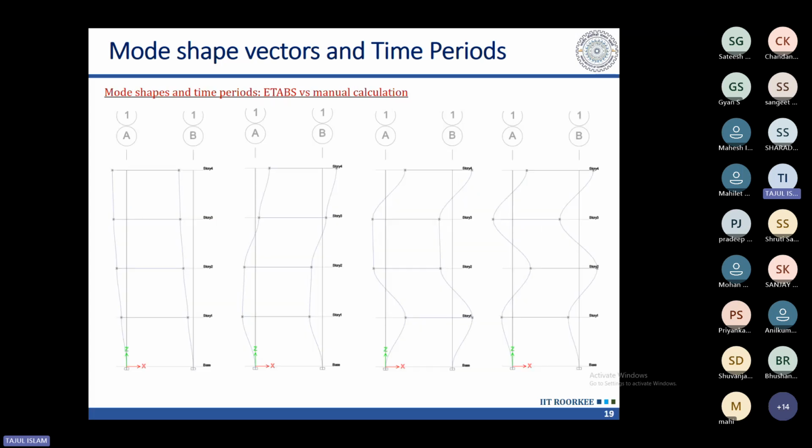So this is what we had up to now for the mode shapes and time period. And these are some deflected shapes obtained from the ETABS software for the model we have shown. So this is the first mode deformation, second mode deformation, third mode deformation, and fourth mode deformation.